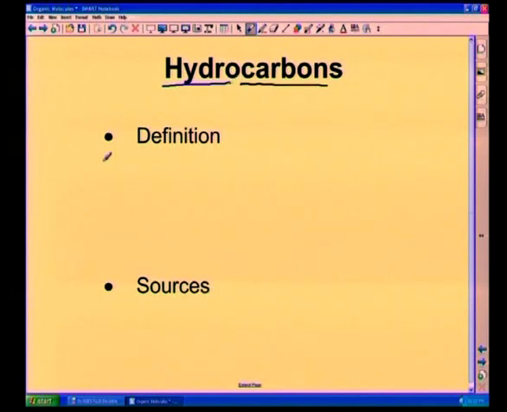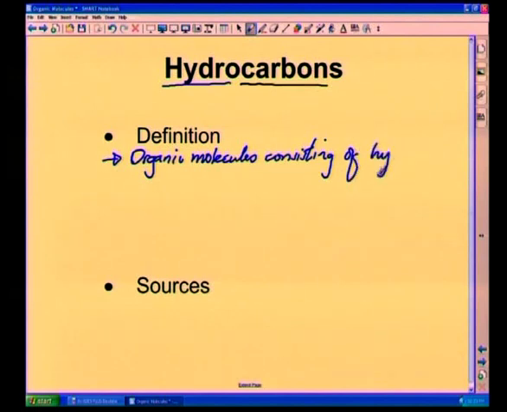These are organic molecules consisting of hydrogen and carbon atoms.